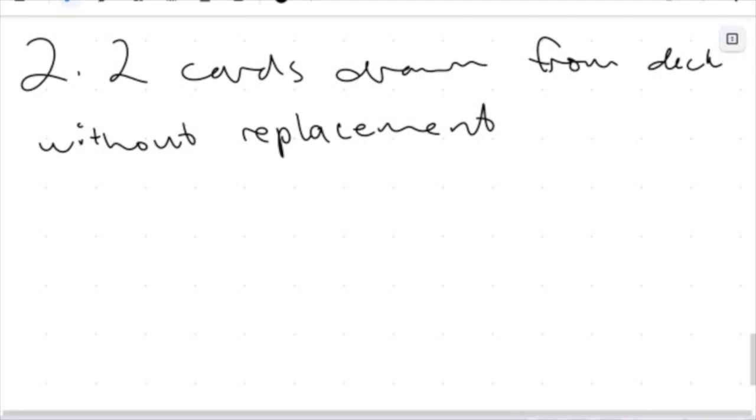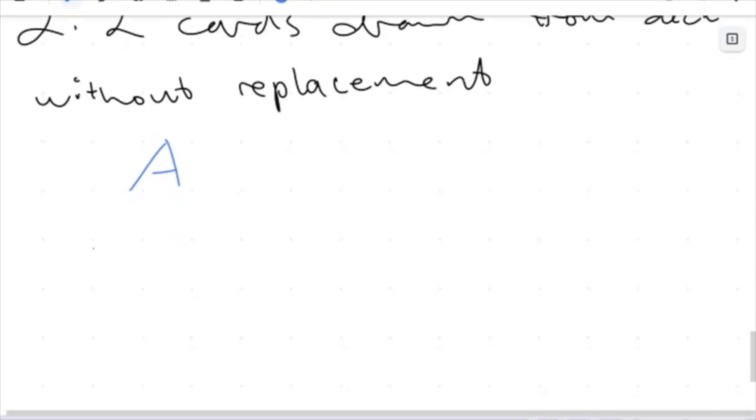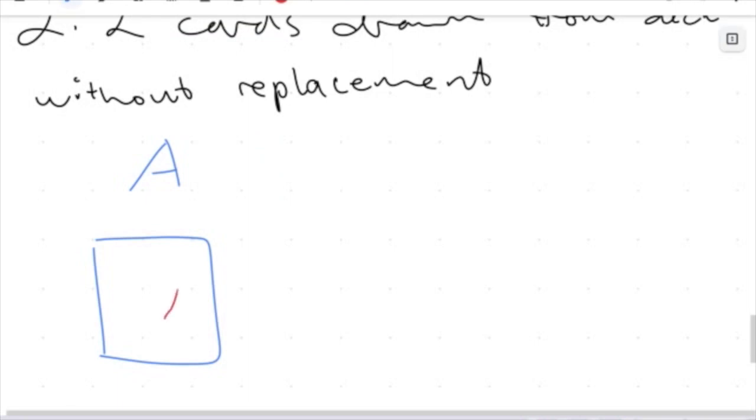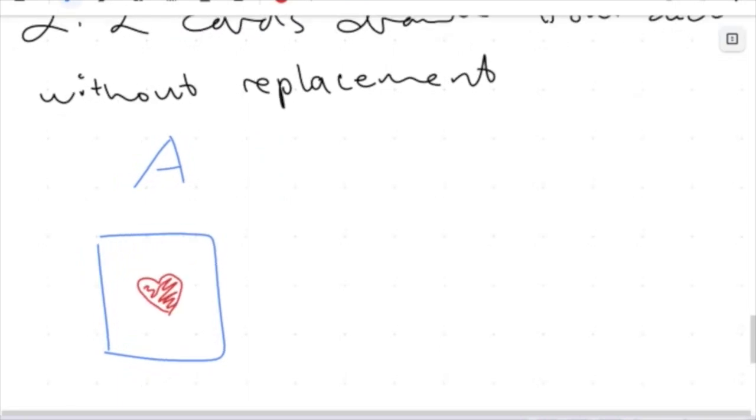Now, let's do this slowly. So the first card, we'll call this card A. Let's say the first card is a heart. It doesn't matter what type of card it is, but we know that the suit is a heart.